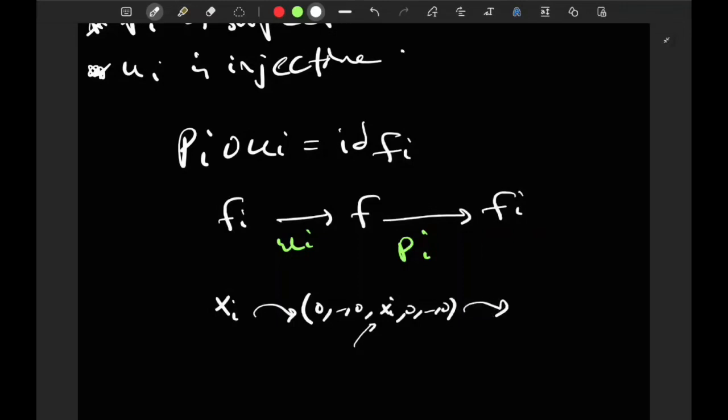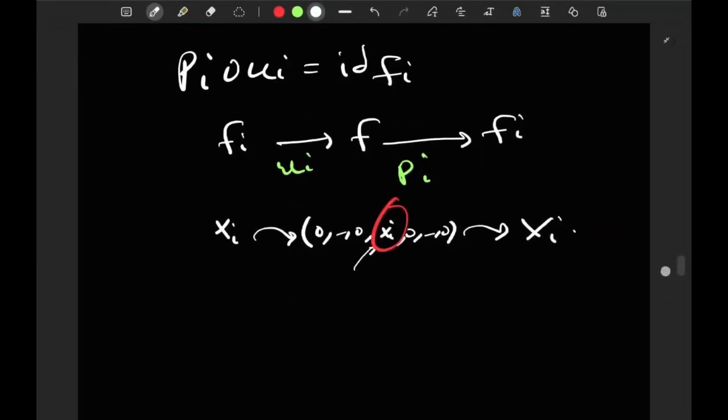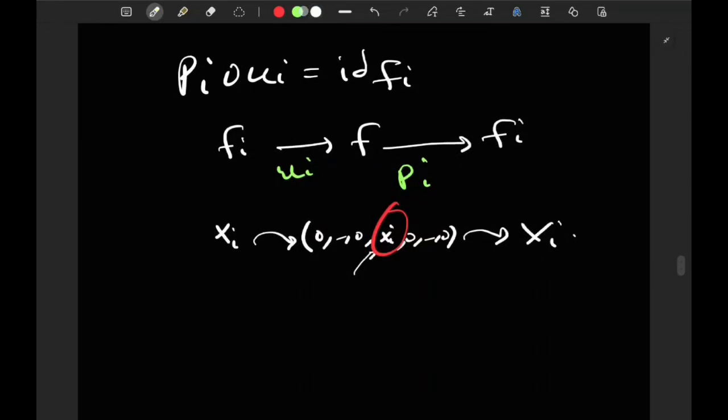And the PI is once again projecting this vector onto the Fi space, and this means that it picks out the element xi. So it's returning xi again. So literally, the UI is what we call a right inverse of PI. It's an inverse of PI, but to the right. PI does not have an inverse to the left.